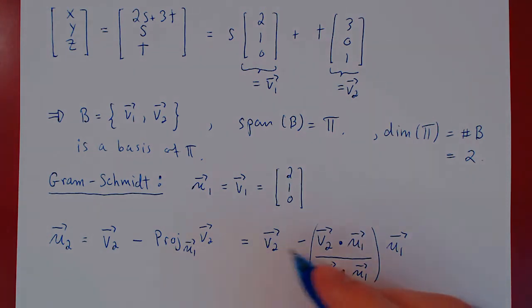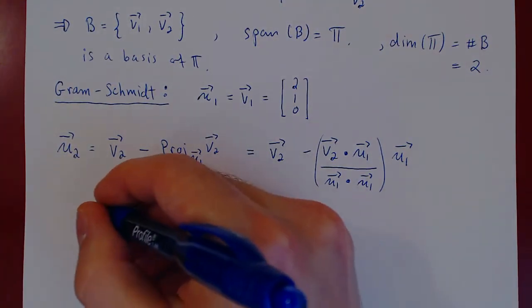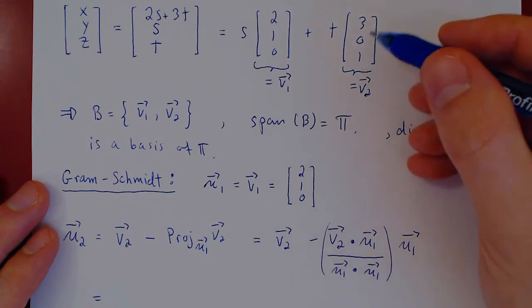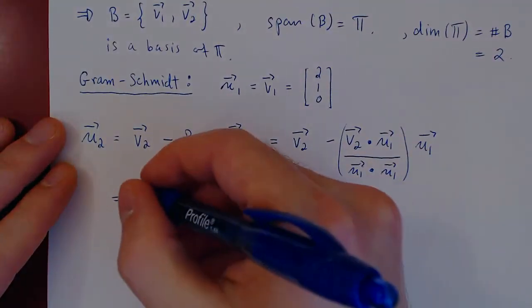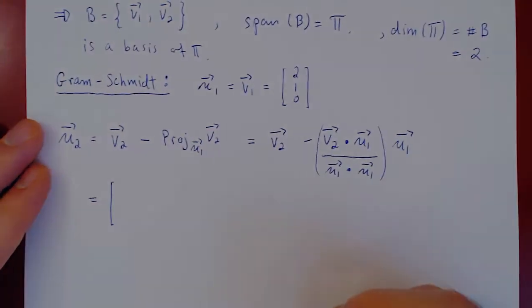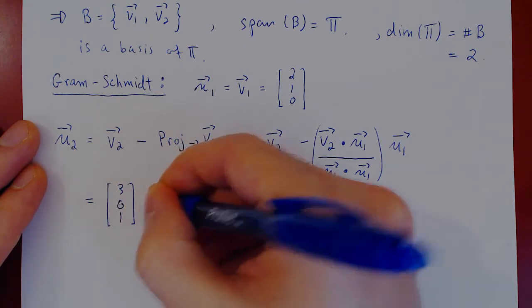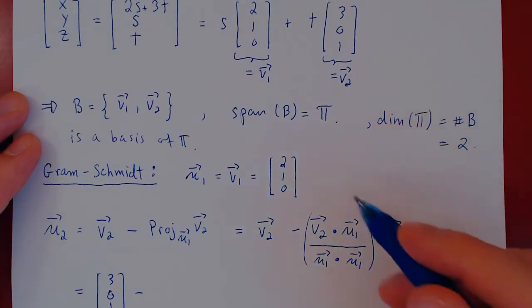Well, let's compute this, and we'll have our new vector u2. The vector v2 is the vector 3, 0, 1, minus, let us now find these two dot products.